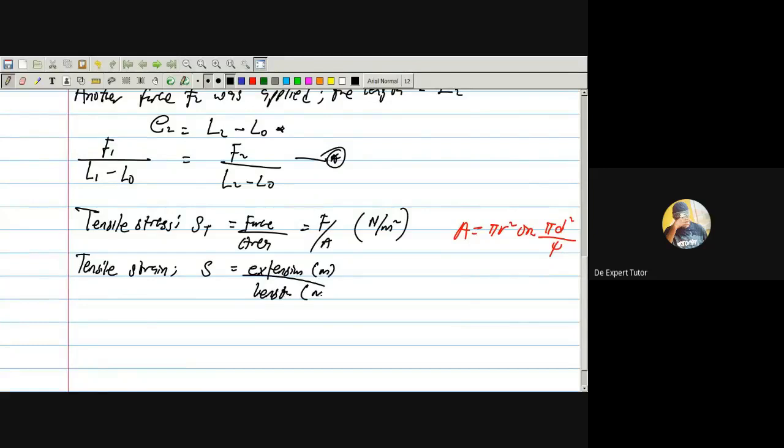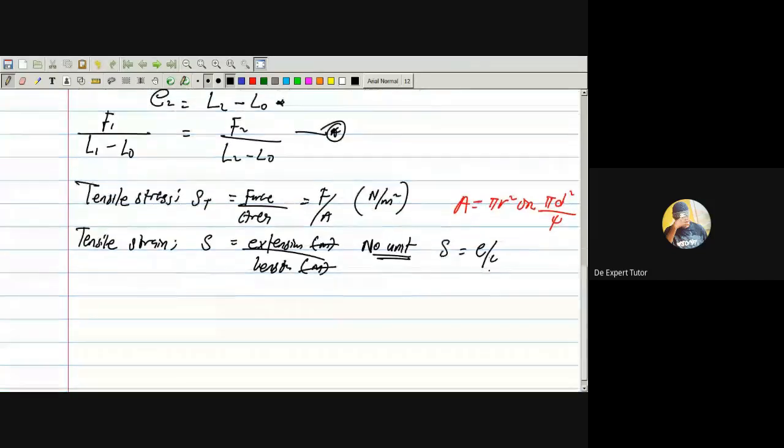Length is also meter, so meter cancels meter, so strain has no units. Strain is dimensionless, but stress has units. So my formula is strain equals extension over length.